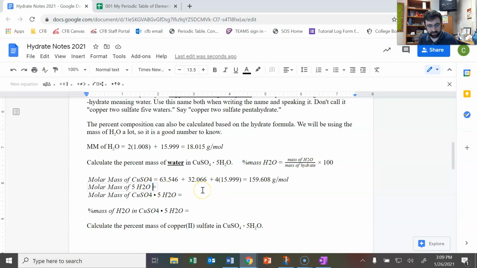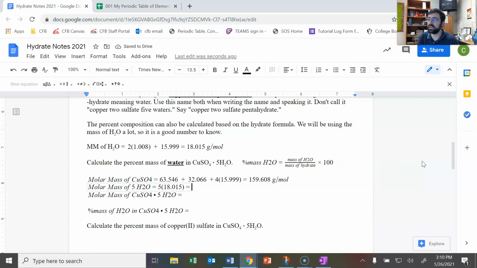And then we have 5 water molecules. So multiply 5 times the mass of water, which we just found up here, 18.015. Remember, the molar mass of water is going to be our molar mass of 5 waters, because we have 5 waters for every one of the copper sulfate formula units.